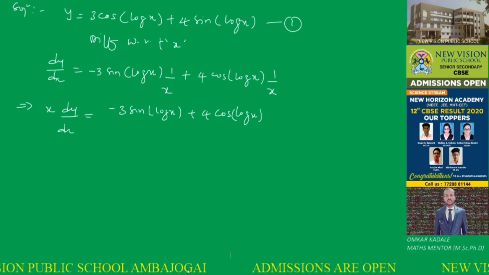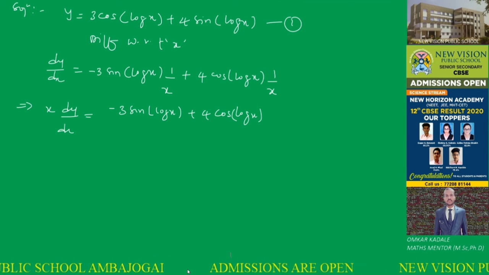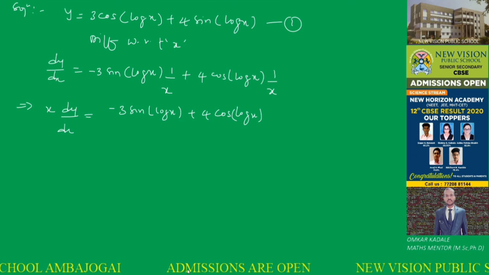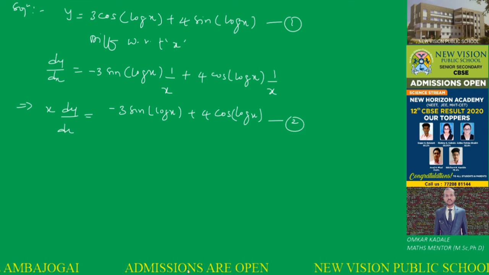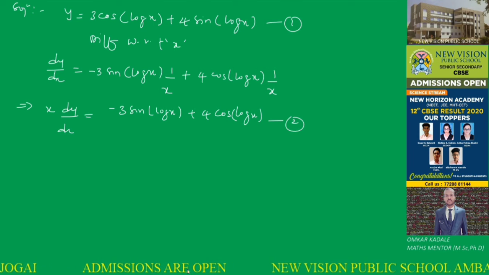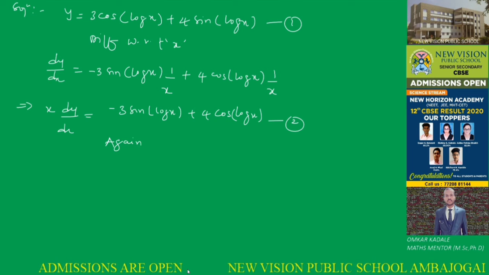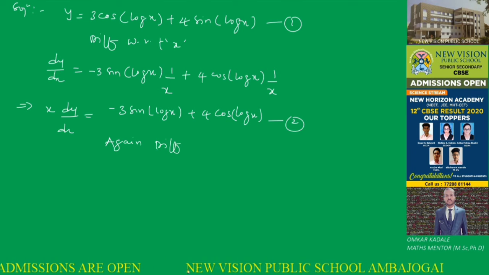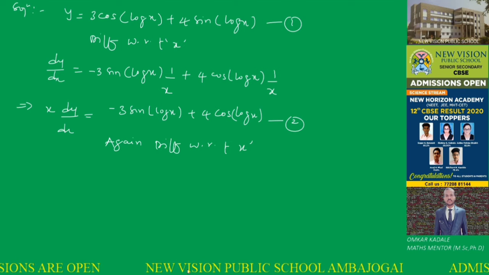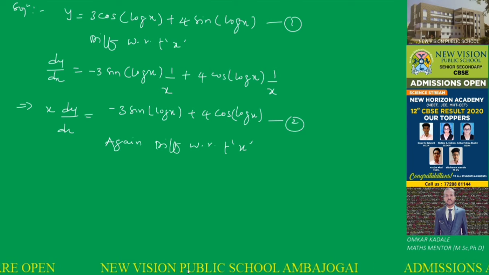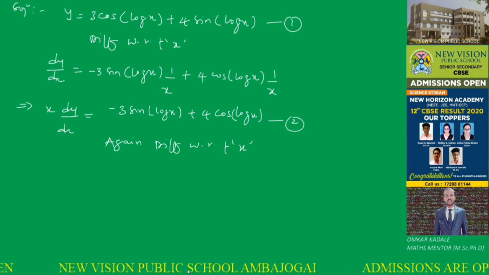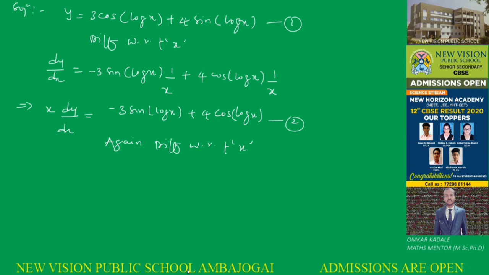Now take this as equation 2, x dy by dx. Now again differentiate with respect to x. Here x and dy by dx are in u into v form, so we apply the product formula.